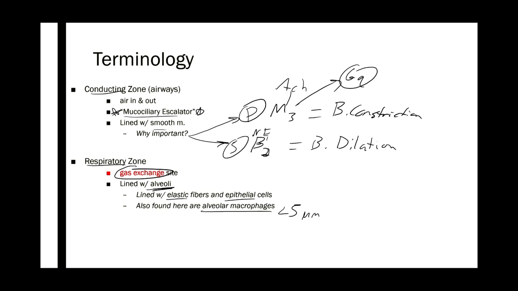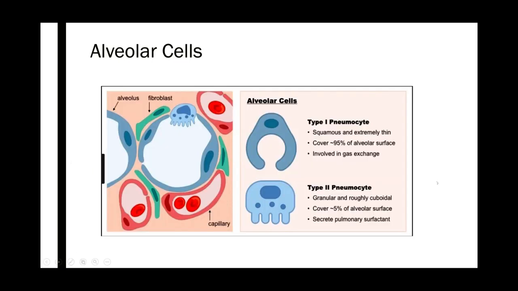Oh yeah, epithelial cells. These epithelial cells are specialized cells known as either type 1 or type 2 pneumocytes. Type 1 is squamous and type 2 is cuboidal. And speaking of, these are the alveolar cells.